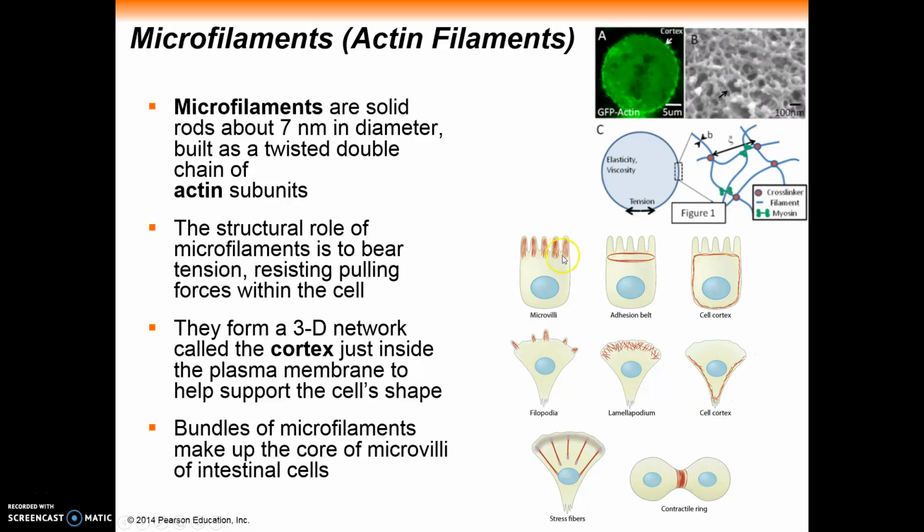You can see here that this particular cell type has these little protrusions. These are called microvilli, and they are made up of these actin filaments that are heavily cross-linked together in a parallel fashion. That allows them to push and extend out.